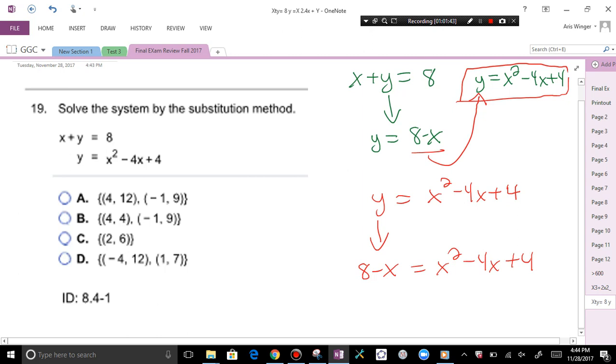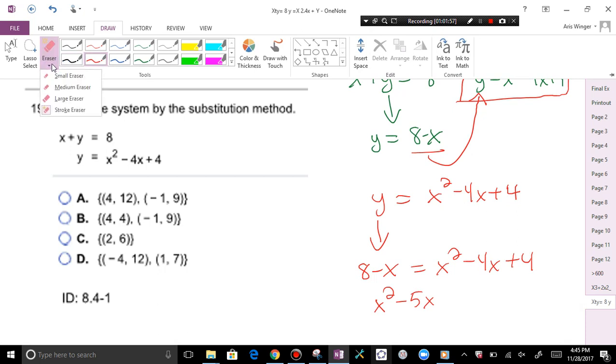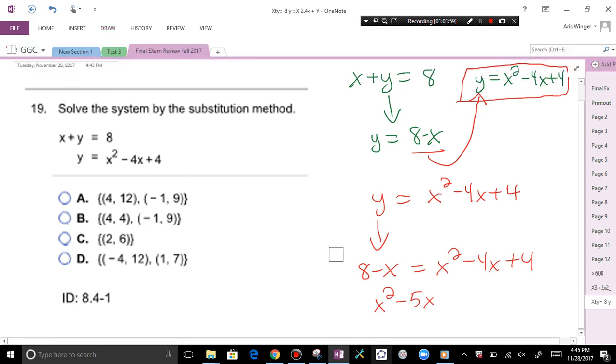Let's move everything to the right. This means x squared minus 3x. I'm going to add x to both sides, and I'm going to subtract 8 on both sides.